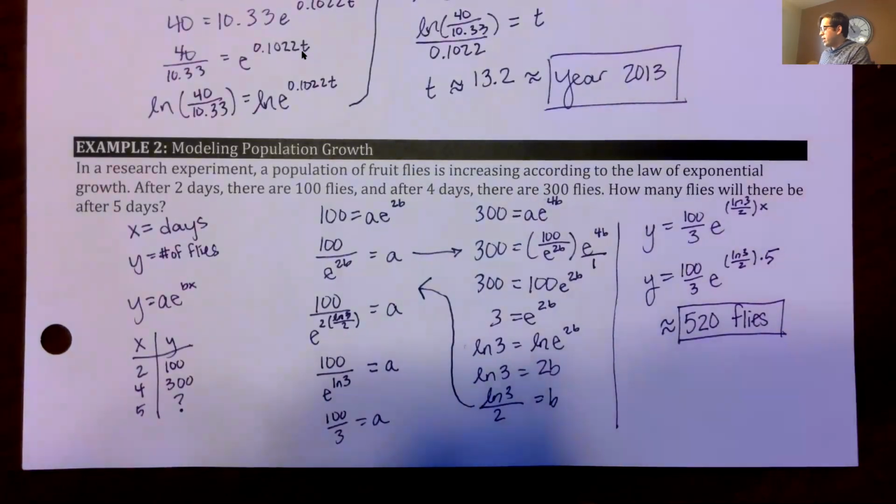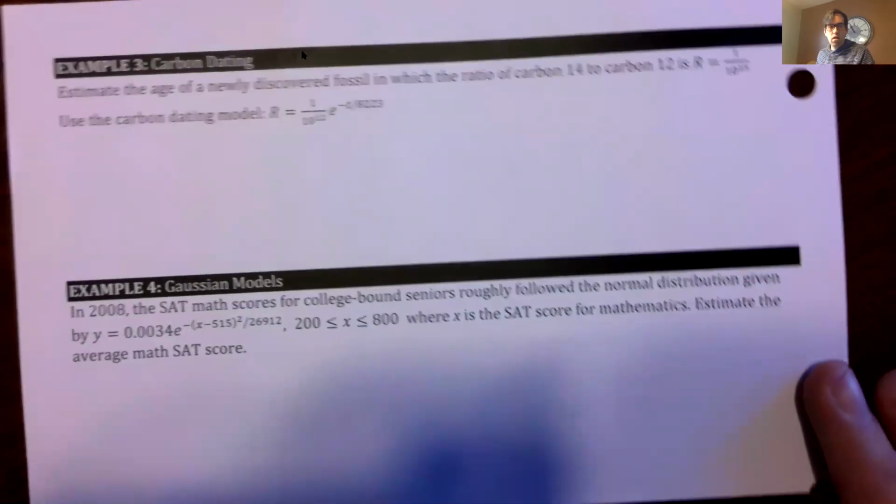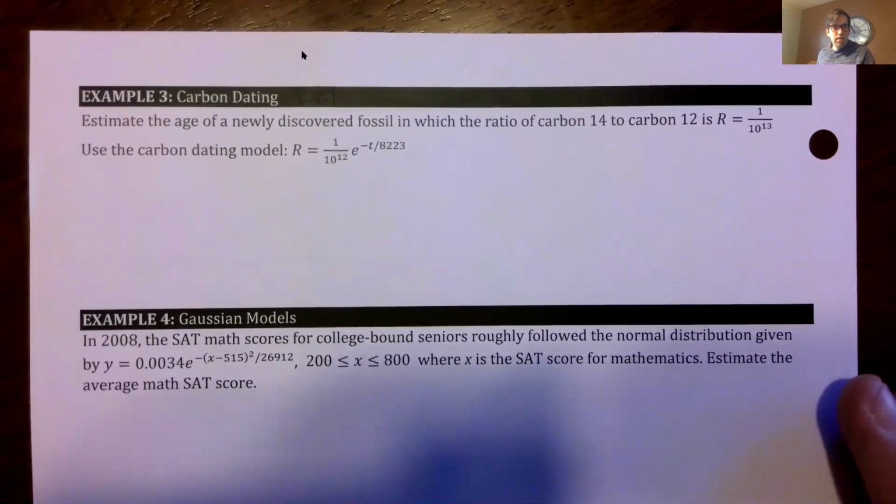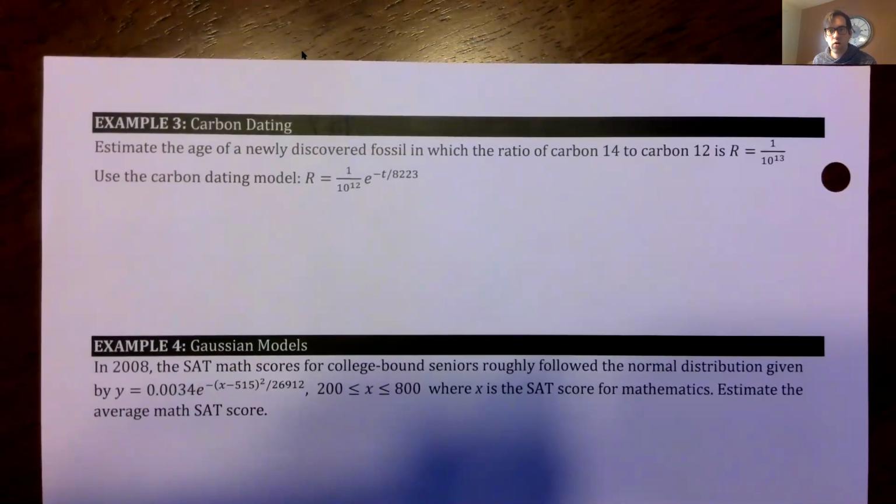Let's keep going. Example 3 is all about carbon dating. So we're going to estimate the age of a newly discovered fossil in which the ratio of carbon-14 to carbon-12 is R equals 1 over 10 to the 13. Using the carbon dating model, R equals 1 over 10 to the 12, e to the negative t over 8,223.